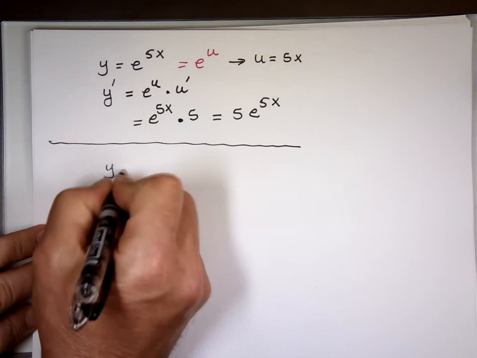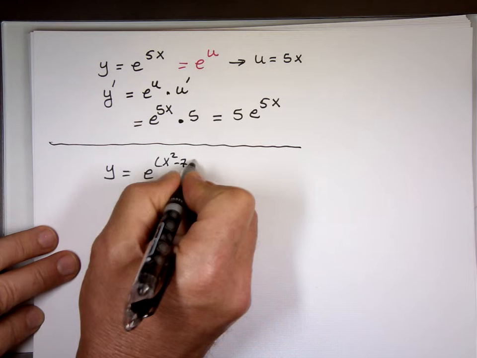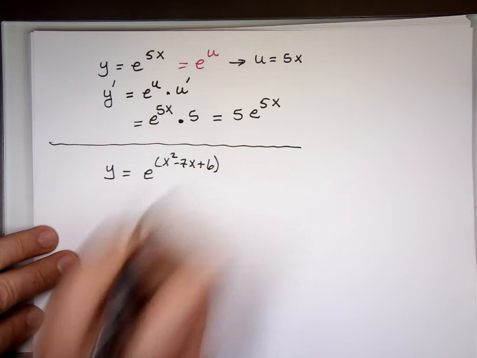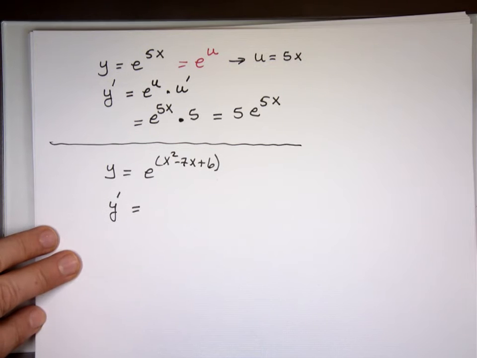Y equals e to the x squared minus 7x plus 6. What is the derivative of that? What do we have? 2x minus 7. Okay, you're already moving with the front?